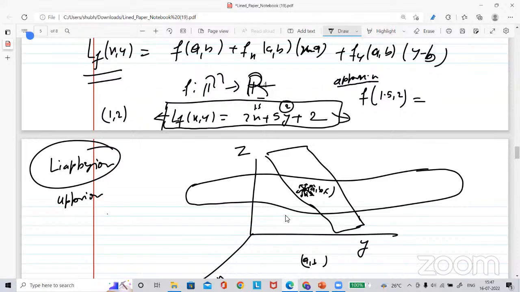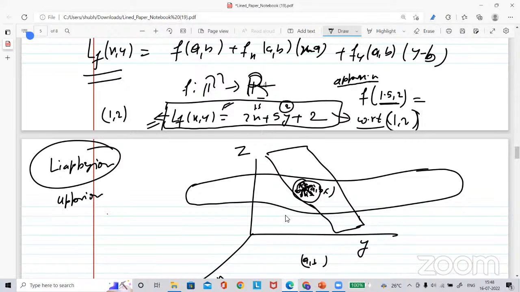So what is happening geometrically here? This approximation tells you that you are approximating this function. In this question, you don't have the exact function, but the linear approximation tells you the values linearly, just in a small region around the point. So the question will be: find the approximate value of the function at this point with respect to this point.